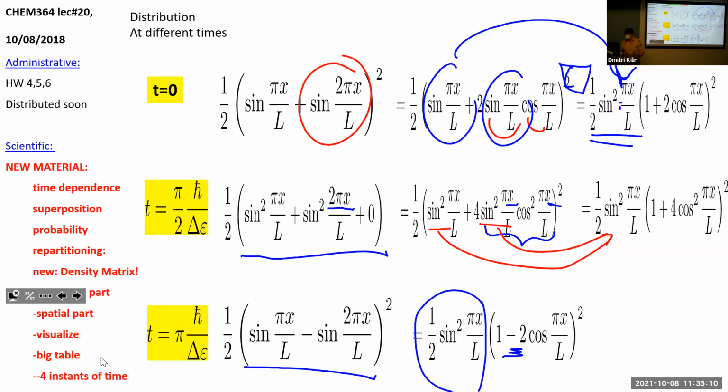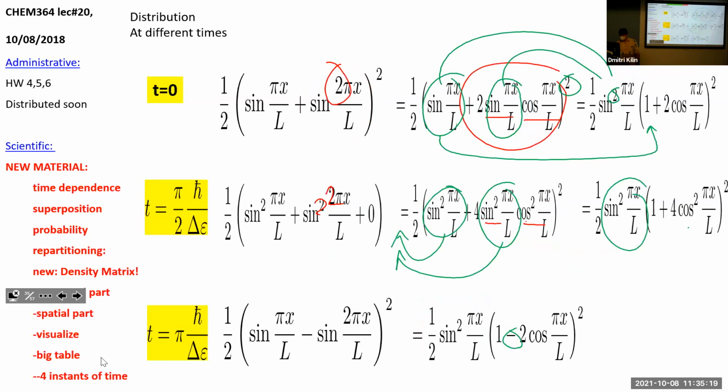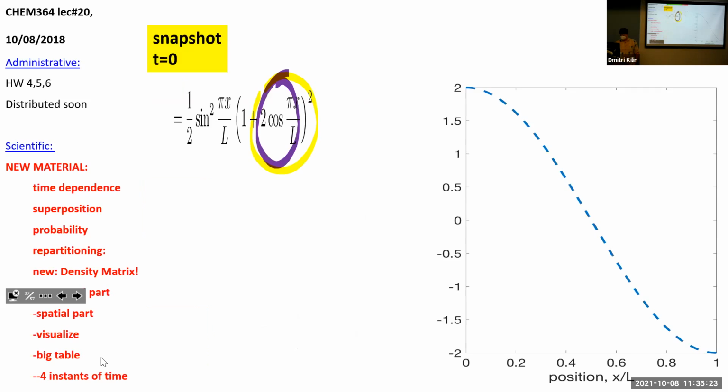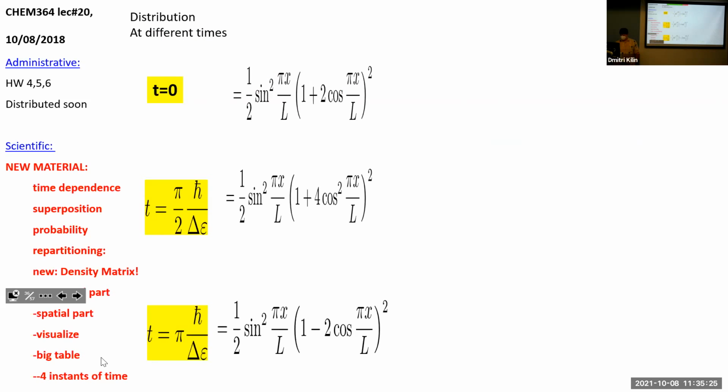Now this format is already acceptable to plot without a computer.